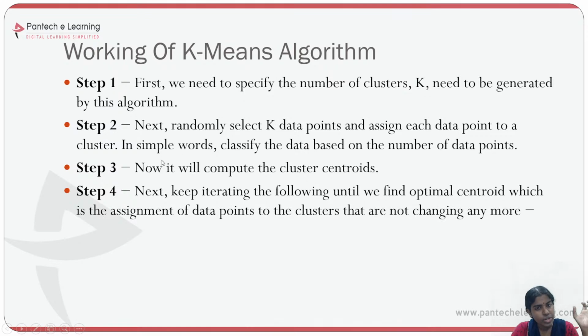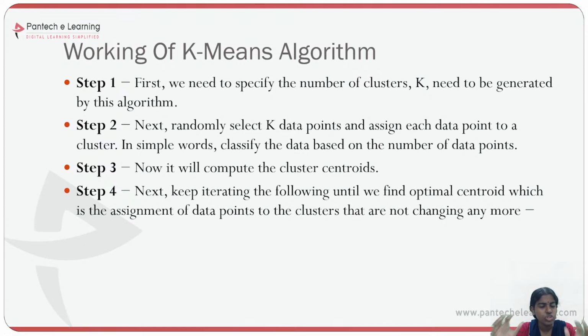In the third step, I compute the cluster centroids. Then I have to iterate until I find the optimal centroid, which means the assignment of data points to the clusters is not changing anymore.